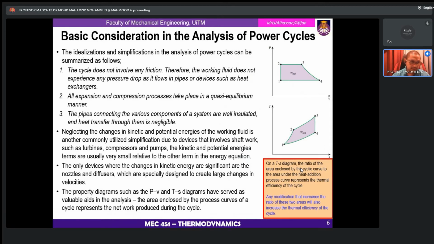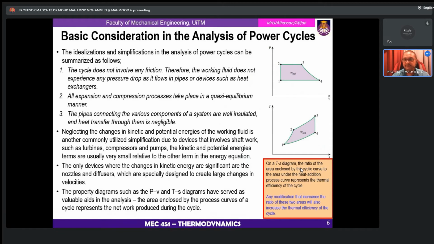Okay, so property diagrams such as the P-v and T-s diagrams, as shown on the right side, serve as a valuable aid in the analysis. As you see here in the P-v diagram, from state 1 to state 4, what is under the graph is the net work for that cycle.